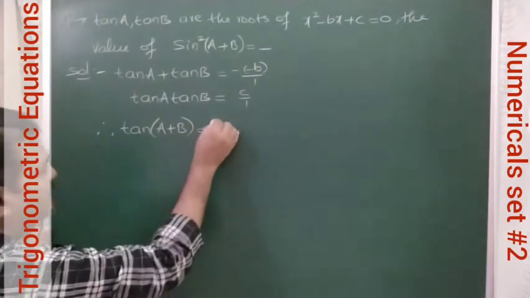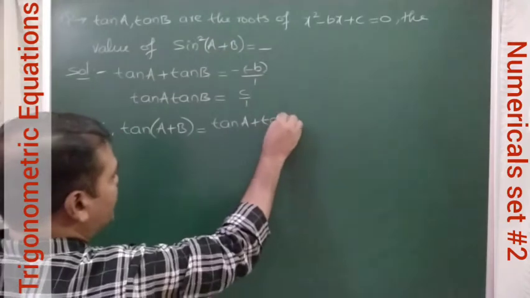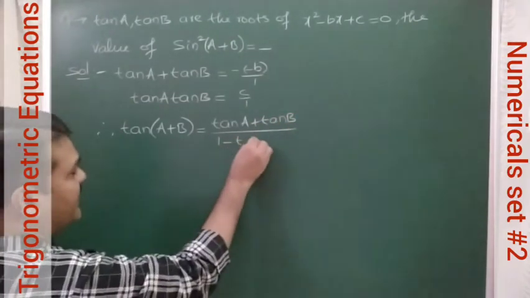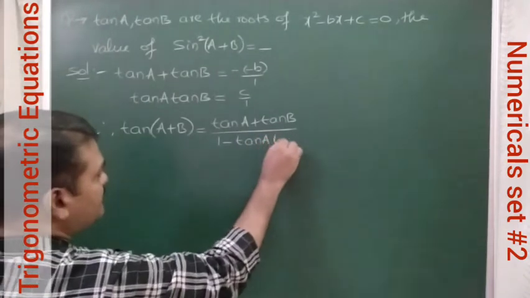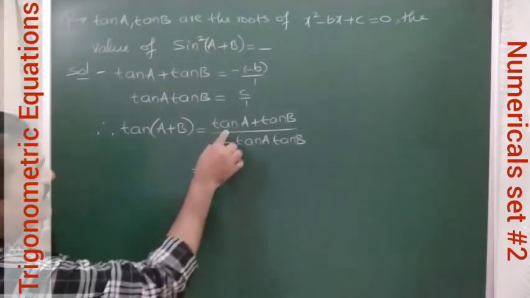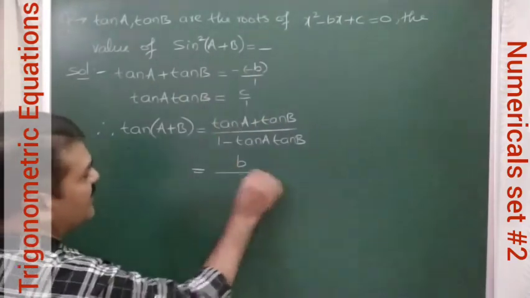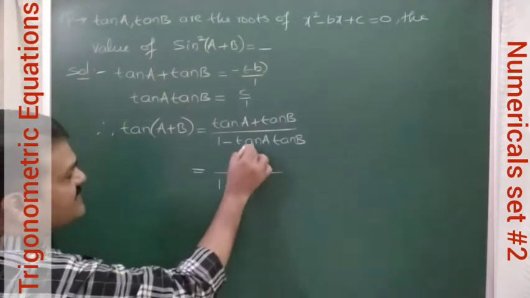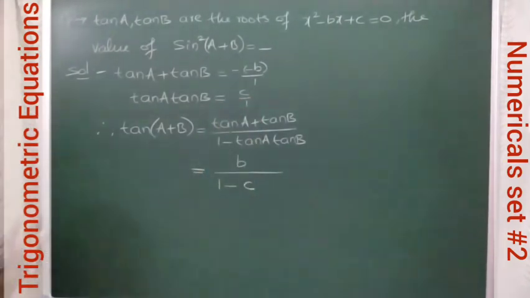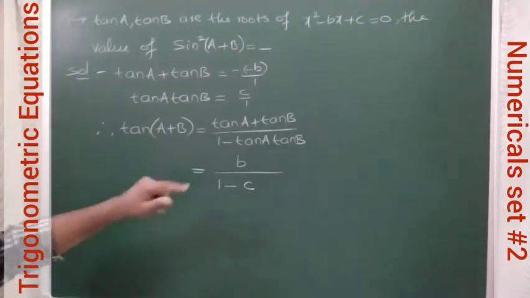Tan of (A plus B) can be written as (tan A plus tan B) by (1 minus tan A tan B). Now tan A plus tan B is clearly b, and 1 minus tan A into tan B is 1 minus c. So this is the value of tan of (A plus B).